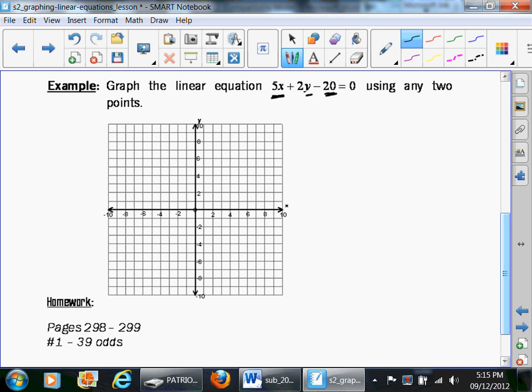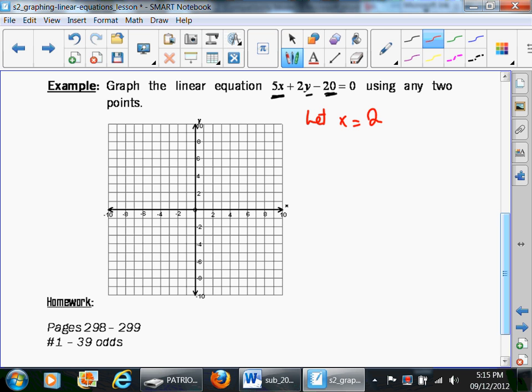So, here we go. Let's let x equal 2. Okay, let's let x equal 2.